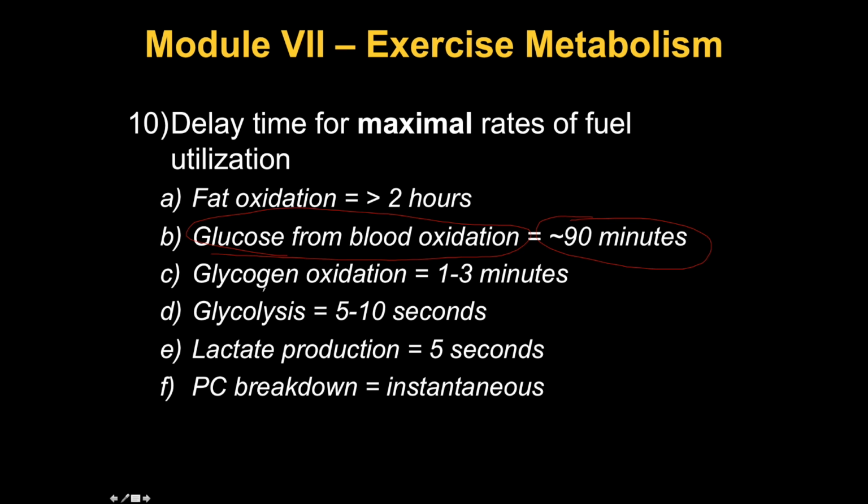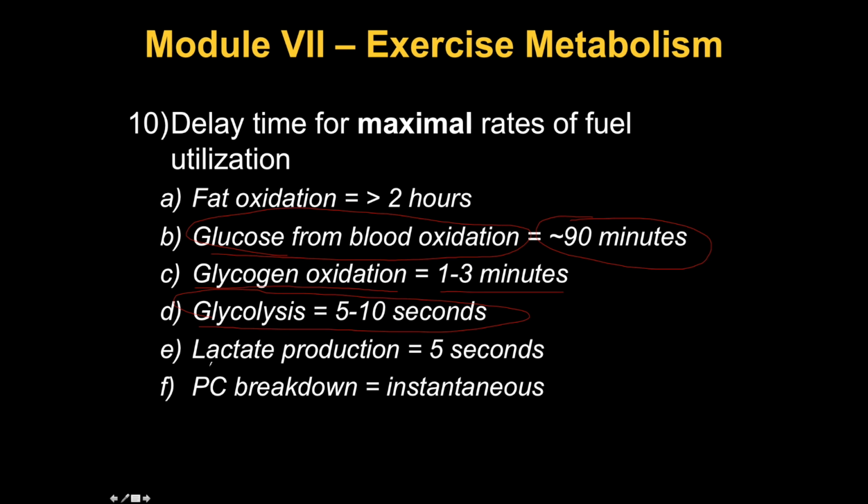As far as glycogen oxidation, so muscle glycogen, that's happening very, very quickly, 1 to 3 minutes, and we're utilizing muscle glycogen. As far as glycolysis, man, it's almost instantaneous. The second that we start walking or start running, whatever activity that we're doing, we're kicking glycolysis up to the next level, and it's contributing to ATP production. So within about 5 to 10 seconds.